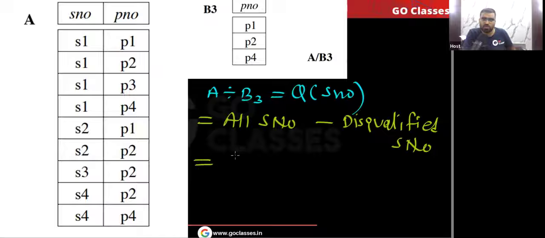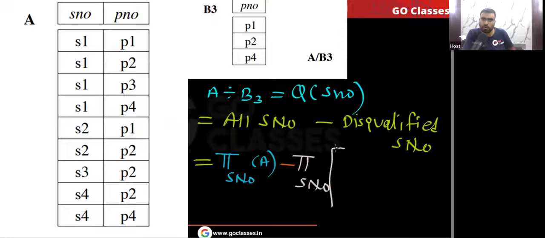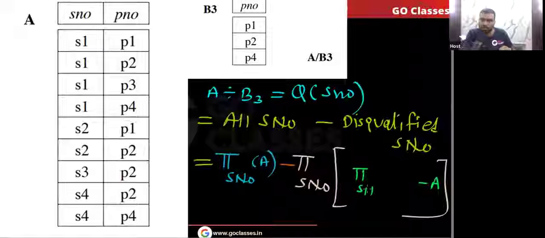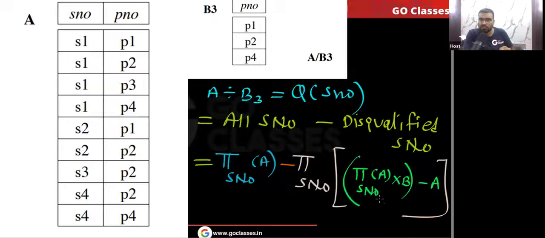All S numbers you already know: you project S number from A. Minus disqualified S numbers: you project S number from A cross product with B3, minus actual. That's it.